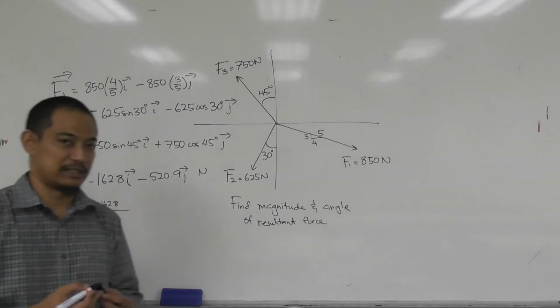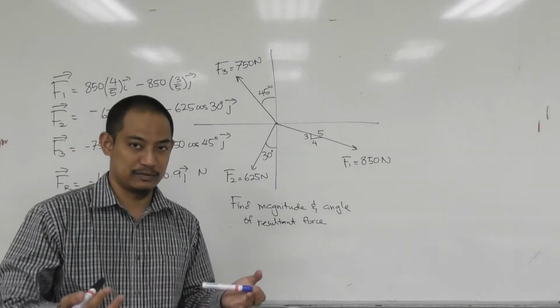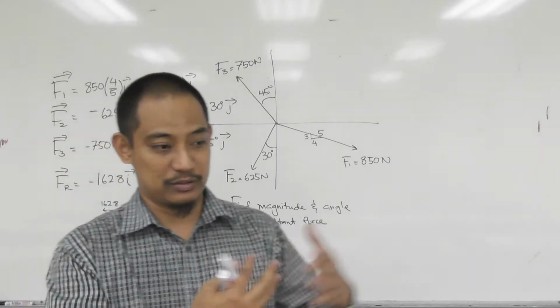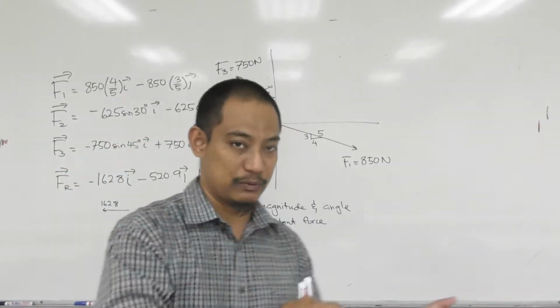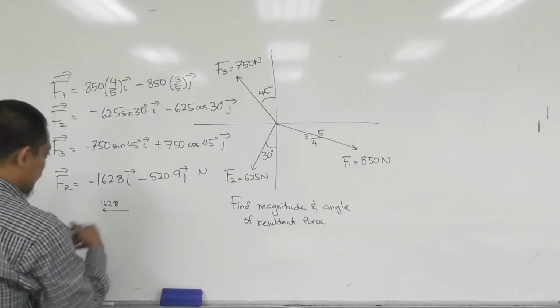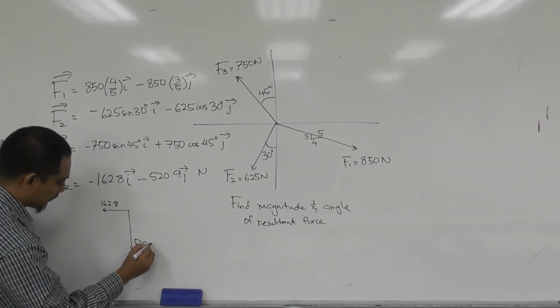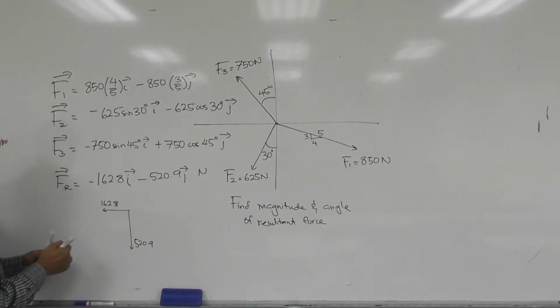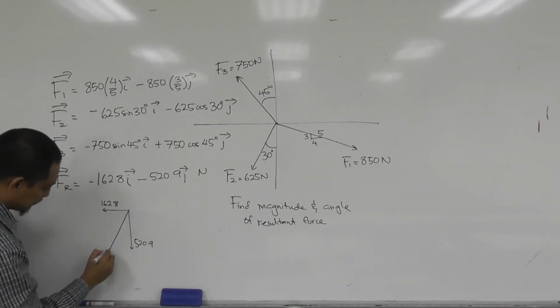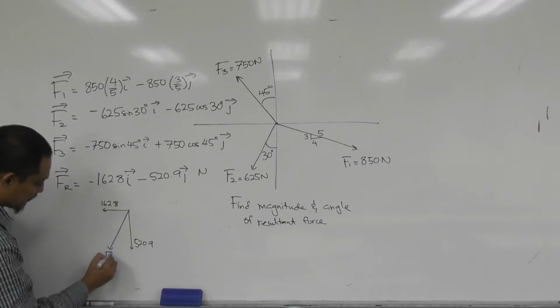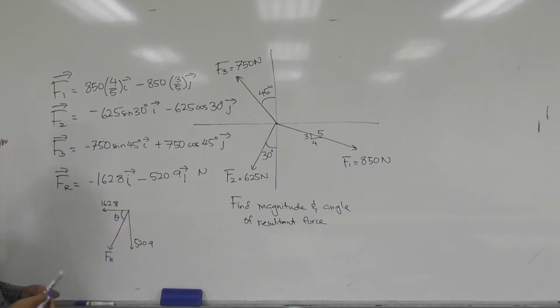There's no such thing as negative force; the magnitude is positive, but the direction is one way or another. And for this one, the direction is downward, 520.9 Newton. So FR will be here, and theta will be here.